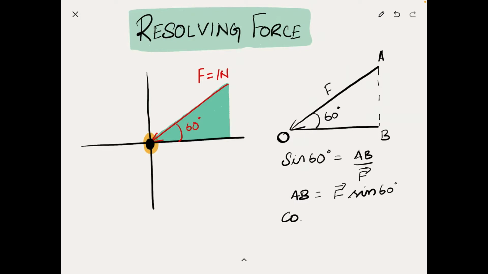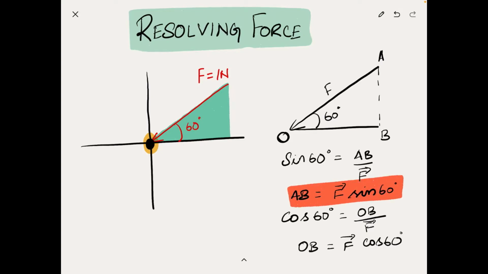And now let's calculate cos 60. It would be OB to the F vector, and from this we can calculate OB is equal to F times cos of 60. Okay, now we have the two sides of the virtual triangle. AB is equal to F times sine of 60 and OB is equal to F times cos of 60.